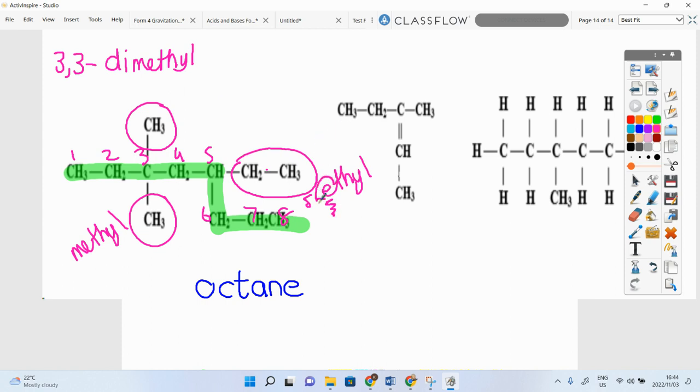You look at the ethyl or the methyl. Which one is first in the alphabet between ethyl and methyl? Ethyl. So ethyl is going to go first. You put 5-ethyl, then 3,3-dimethyl octane. Sorry, I'm just running out of space here.